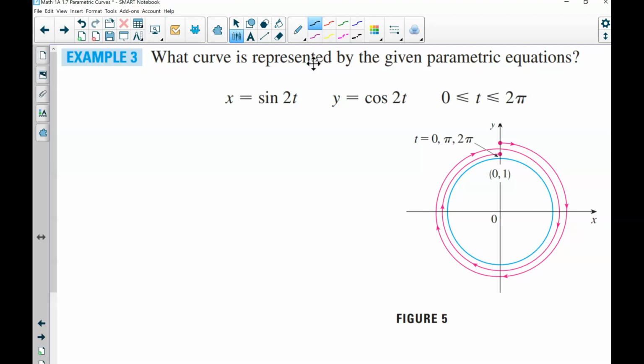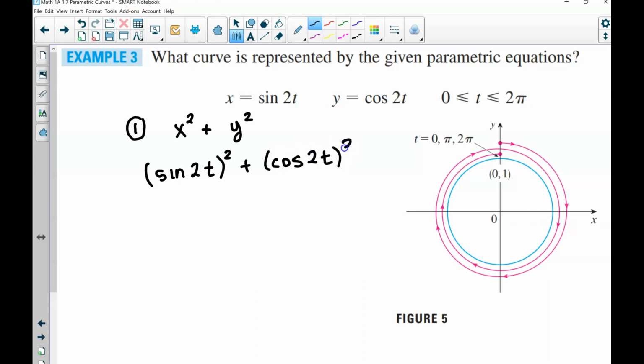So again, let's just use what we did in the previous example. We have x squared plus y squared. Now let's square what x and y represent as parametric equations, and we know that it's sine of 2t squared plus the cosine of 2t squared.